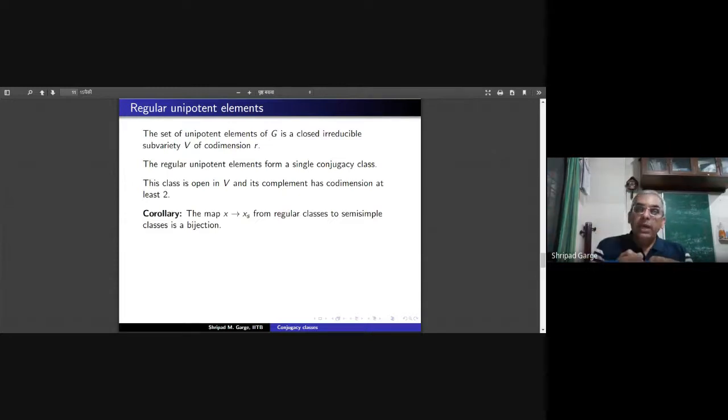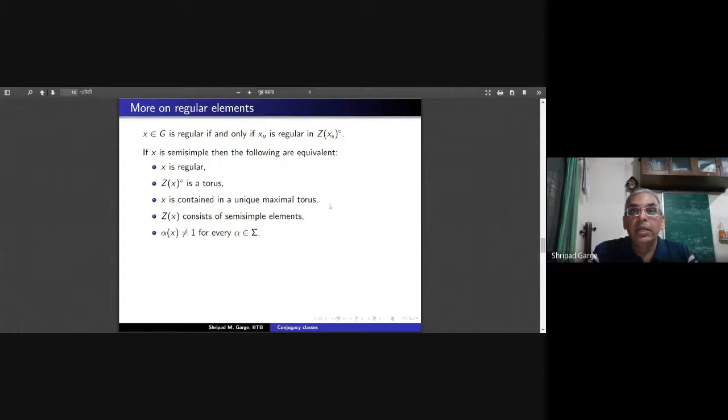The unipotent part of XS XU has to be XU. And therefore, we get that the semisimple part of X, which is the product of XS and XU, is XS. Moreover, you have taken XU to be a regular unipotent element here in G_XS naught. And therefore, the X you have thus obtained is a regular element.